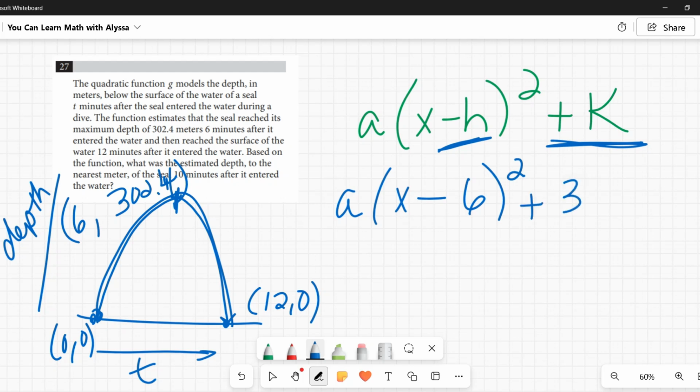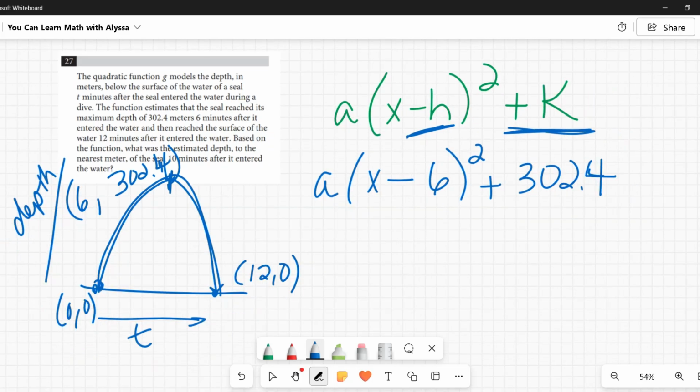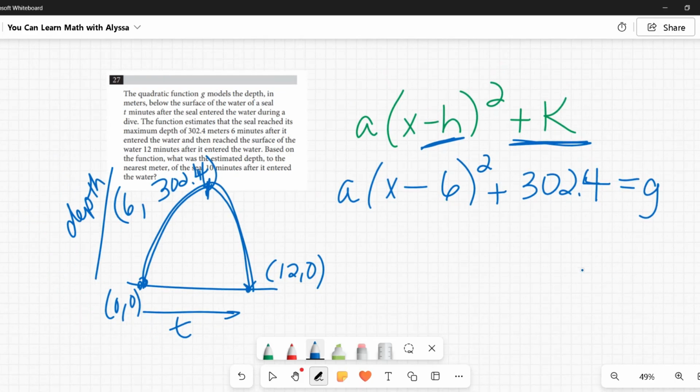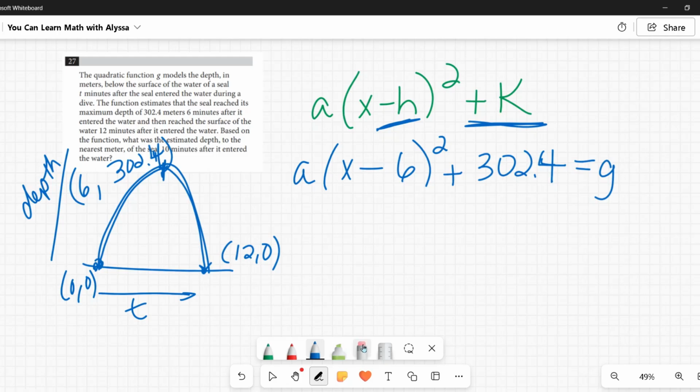And our k is 302.4, that y value of the vertex. This is going to be equal to g of, actually this shouldn't be x, it should be t. I'm going to make it right. (t minus 6), there we go. And it's g of t.